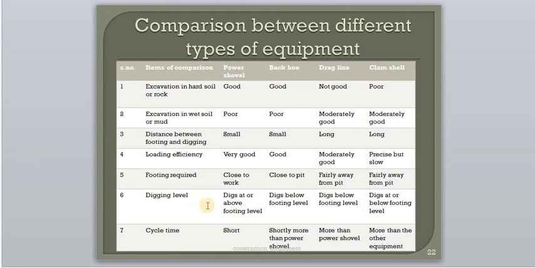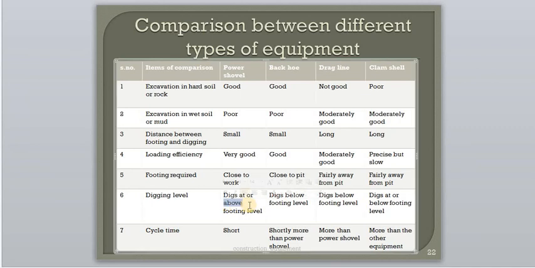Digging level: the power shovel digs at or above footing levels, at the ground level or above it. It cannot be used for below, only for above. Whereas the backhoe can be used for below footing levels, the dragline can be used for below, and the clamshell can be used at or below the footing levels.